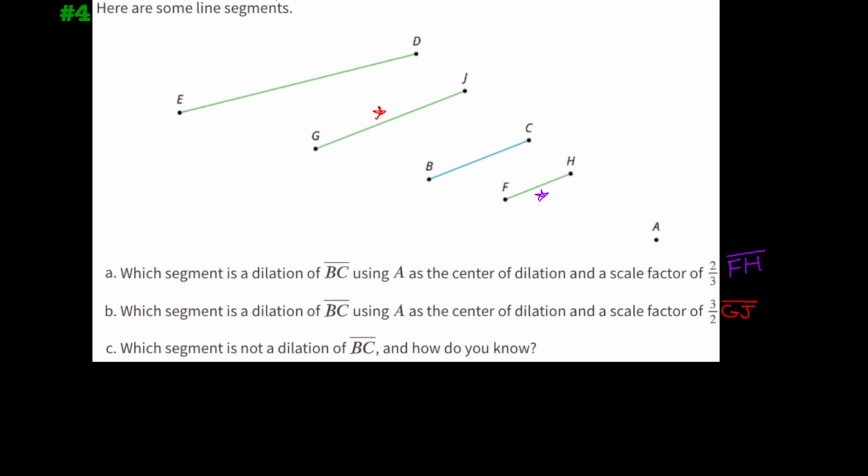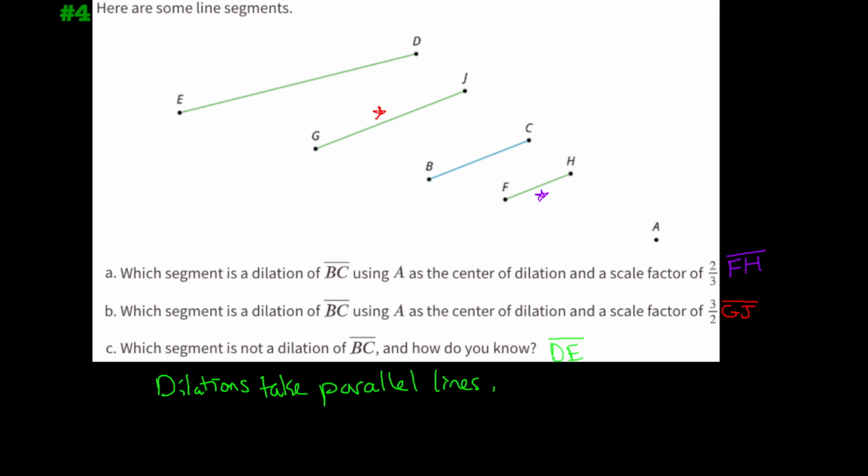And then it says, which segment is not a dilation of BC, and how do you know? For this one, let's do green. The only other segment is DE, and it says dilations take parallel lines to parallel lines.